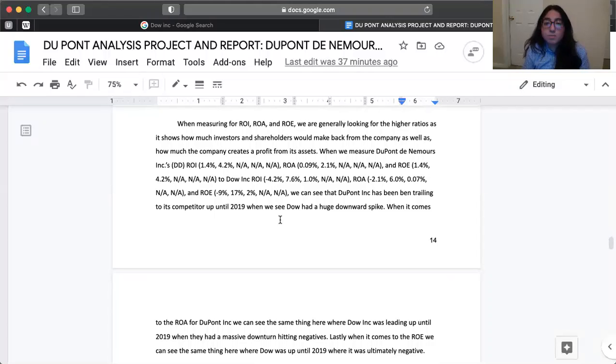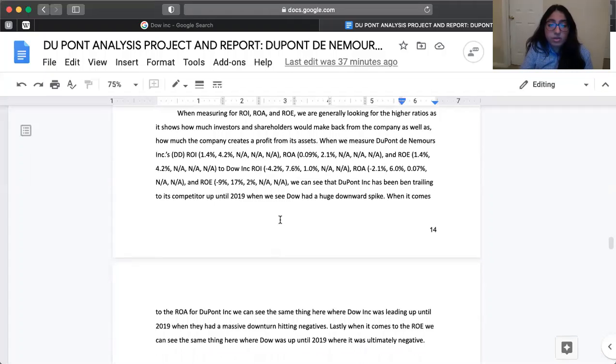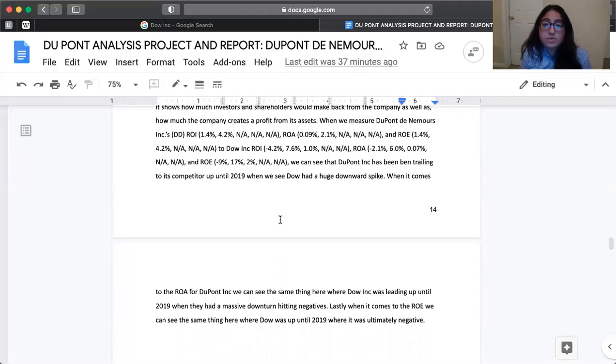When we measure DuPont Nemours and Dow in ROI, we see that DuPont has been trailing its competitor up until 2019, when we see Dow has a huge downward spike.